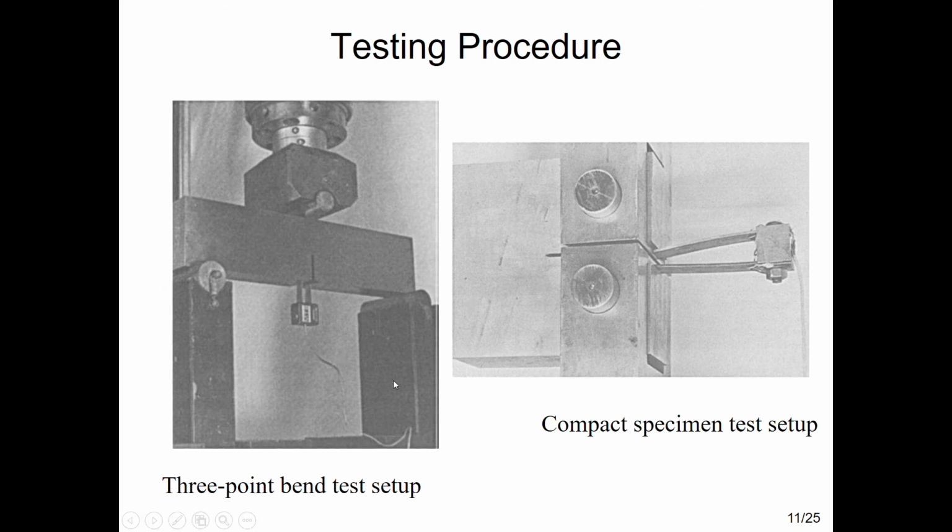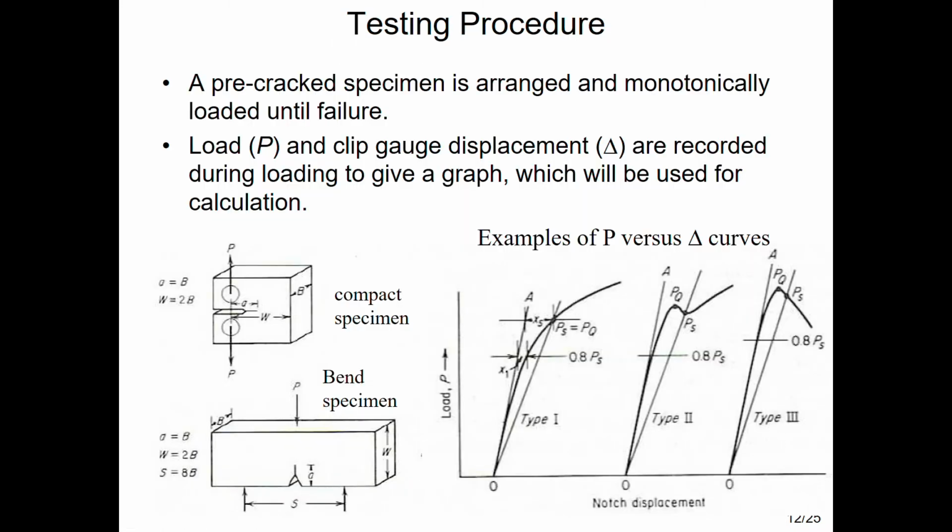Okay, this is the 3-point bend test setup. I believe that most of you have done this in the mechanical lab before. Even this one as well, the compact specimen test setup. So this is the testing procedure. A pre-cracked specimen is arranged and monotonically loaded until failure.